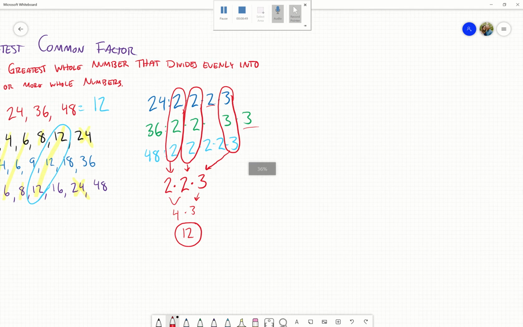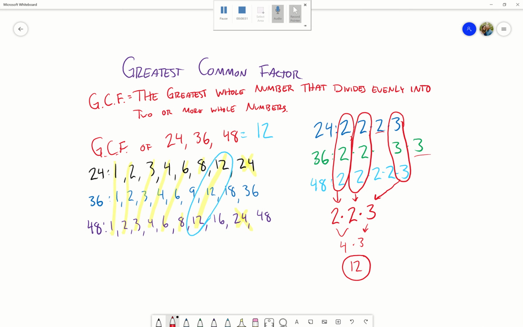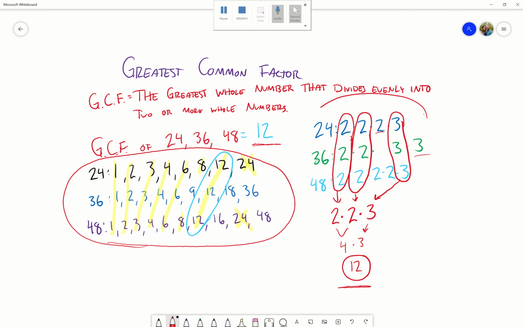So if you see, both ways get us 12. We get a 12 here, we get a 12 here. One of these ways involves making big long lists of all the factors, hoping we didn't forget any. One of our ways does our prime factorization and looks for things in common. Both ways work. Whichever way you want to do, I'm totally okay with. I just want to make sure you're doing it well.